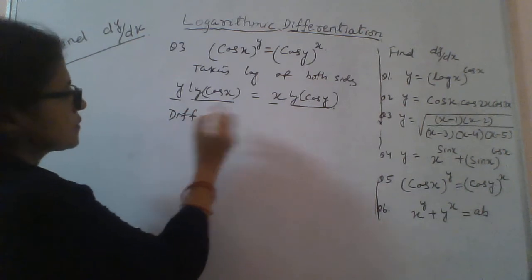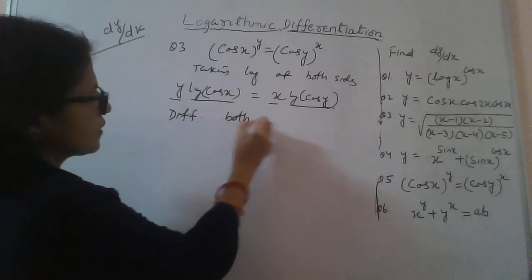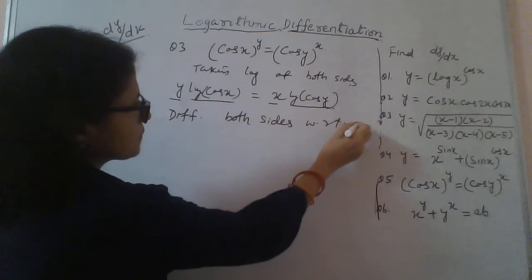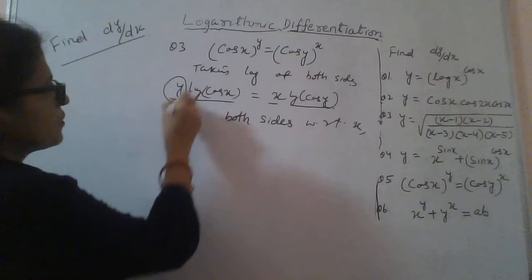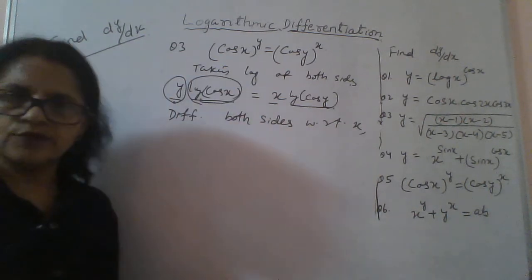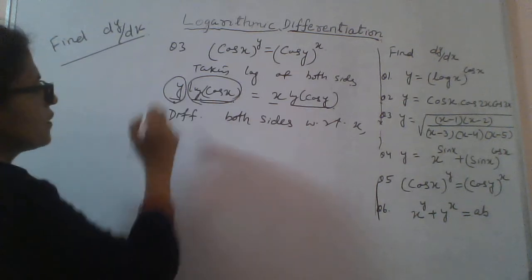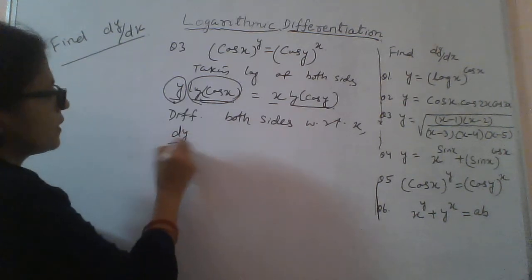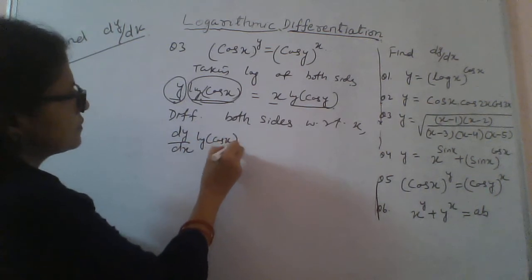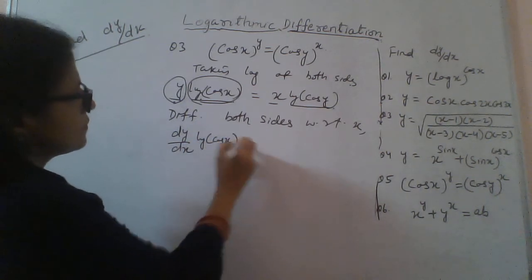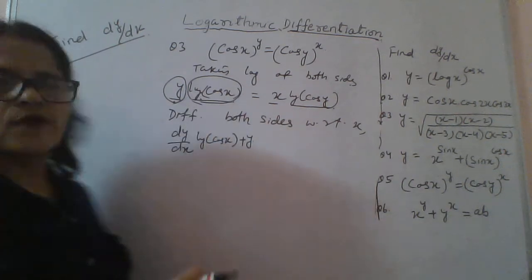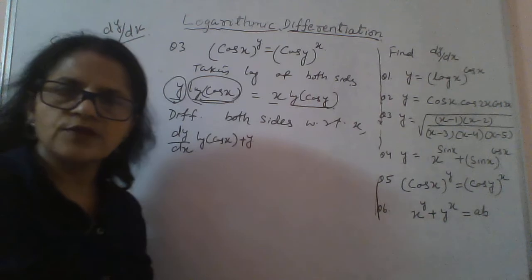Differentiating both sides with respect to x. So here y into log cos x, we are going to use the product rule. So the derivative of y, dy by dx, into log cos x plus y into log cos x, a function of cos x, a function of x.